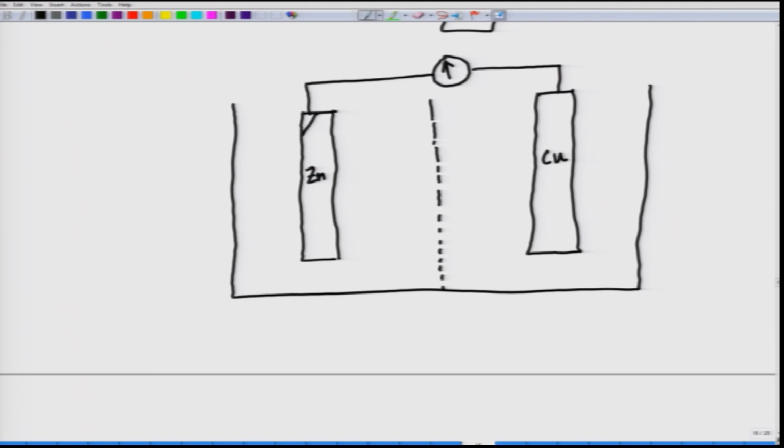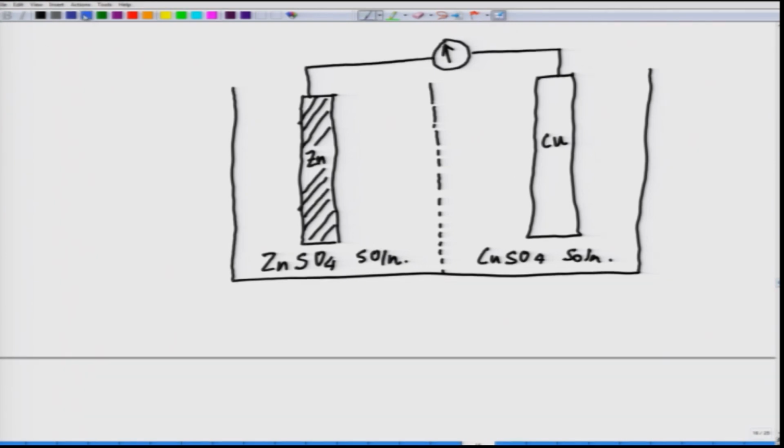This is a solid zinc rod out here, similarly a copper rod, and this is in zinc sulfate solution, ZnSO4, and similarly this is in copper sulfate solution. So, if we talk about a definition of a galvanic cell, I will come back to that figure in a second.